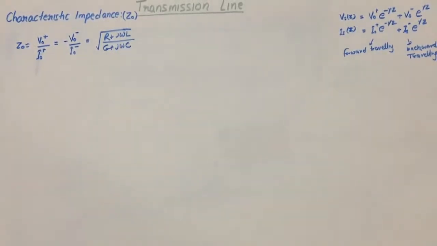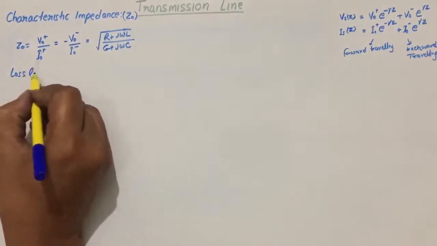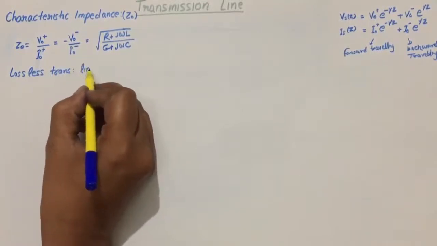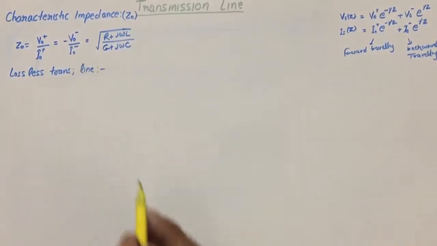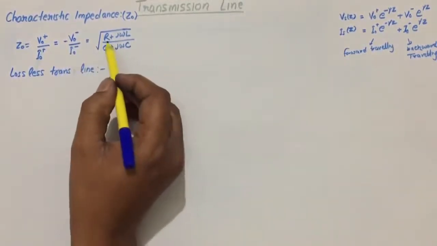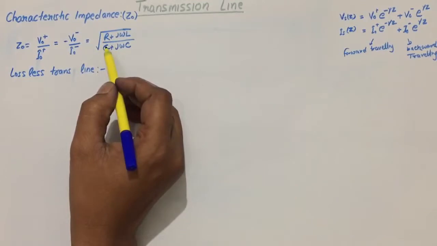Now consider the different cases of a transmission line, different cases of the guided wave propagation, to find the different parameters of the line. So let us start with the lossless transmission line. In the case of lossless, what it means is that the losses that are occurring, that is R and G, are 0.